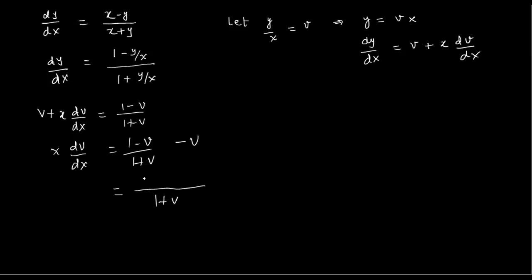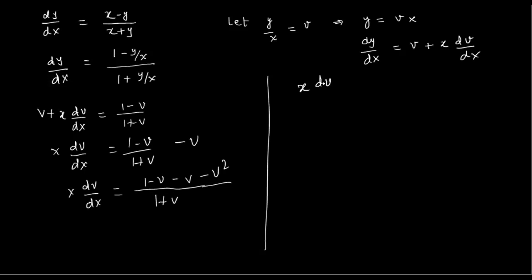Now take LCM and simplify this. We end up getting 1 plus v, 1 minus v, minus v, minus v square, times x dv over dx. Now simplify this expression, we end up getting x times dv over dx equals to 1 minus 2v minus v square over 1 plus v.